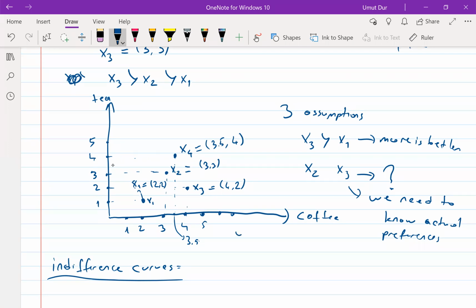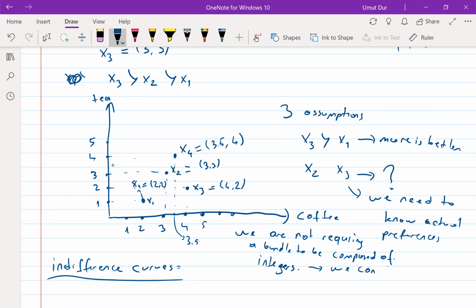We are not requiring a bundle to be composed of integers. We can have fractions in bundles.